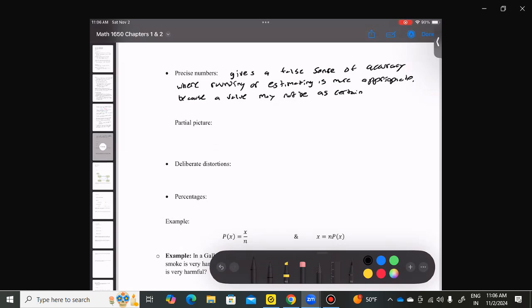Even if we've done studies and we get a certain average, that average still has a margin of error there.